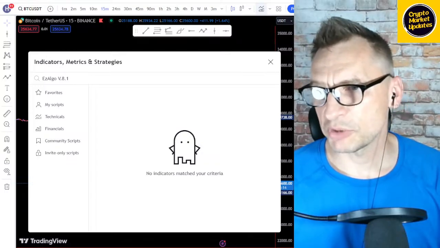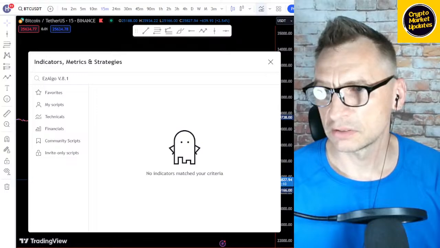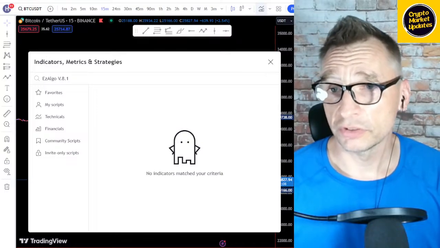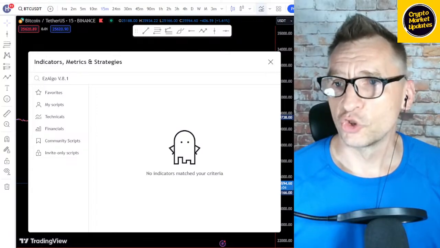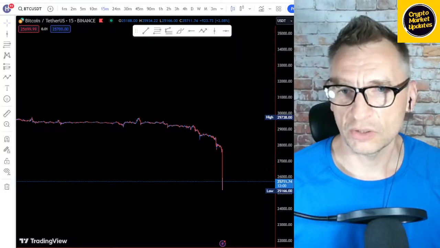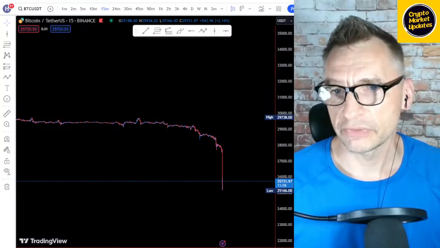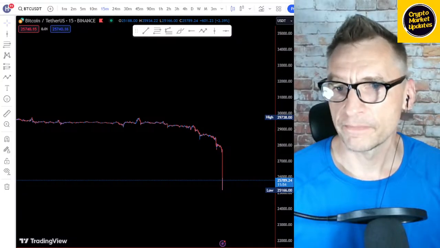So that scraps it, because it's not a free indicator. Maybe a good one, who knows? I mean, there's so many indicators that are supposed to be good, but yeah, okay, so never mind this strategy. That goes right out the window. We want the free stuff right now. Okay, moving on to the next one.